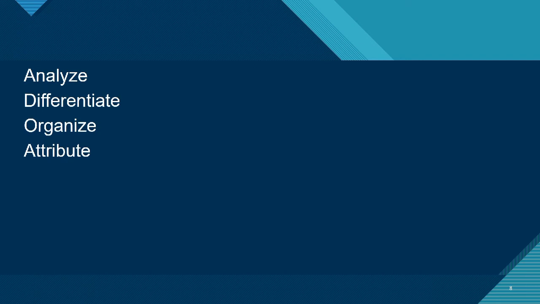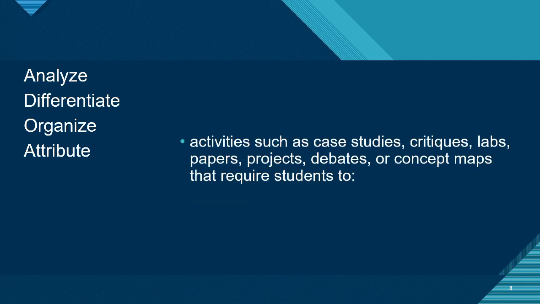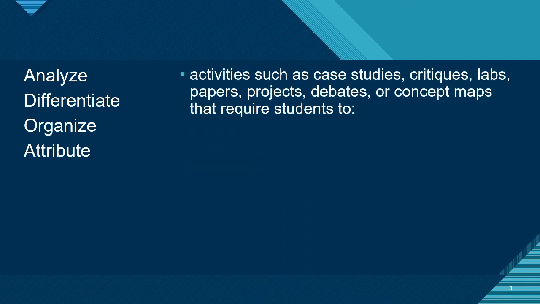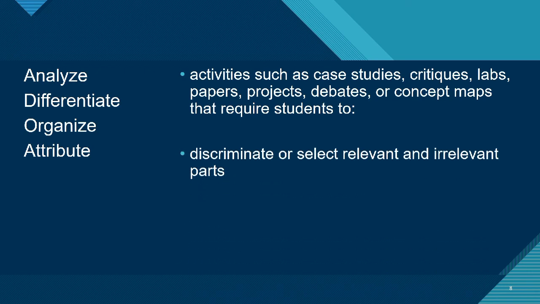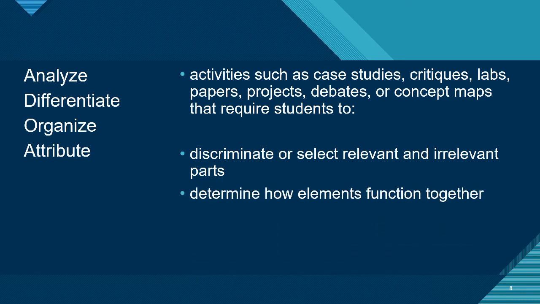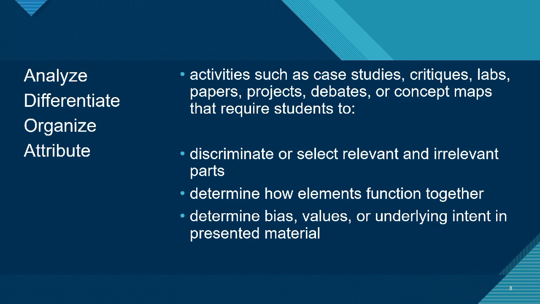Another type of learning objectives are analyze, differentiate, organize, and attribute. Examples of appropriate assessment: activities such as case studies, critiques, labs, papers, projects, debates, or concept maps that require students to discriminate or select relevant and irrelevant parts, determine how elements function together, and determine bias, values, or underlying intent in presented material.